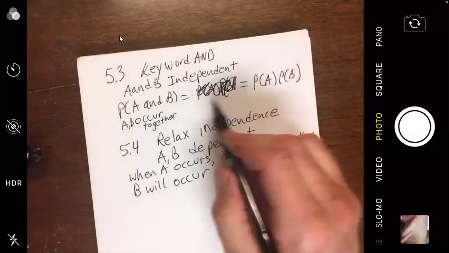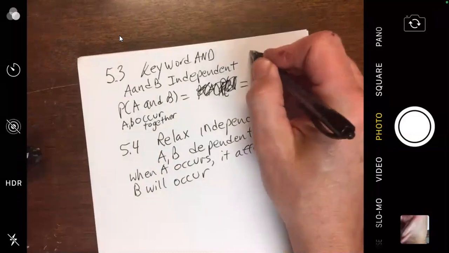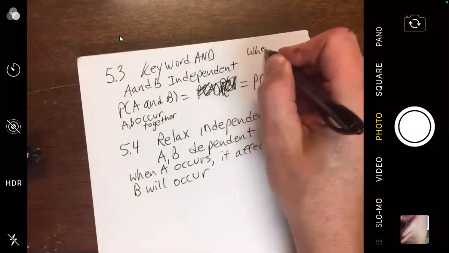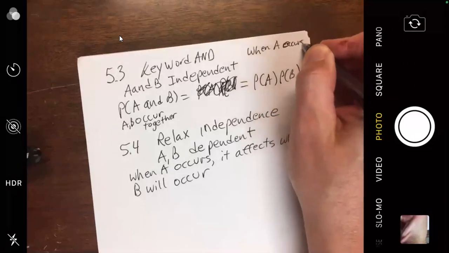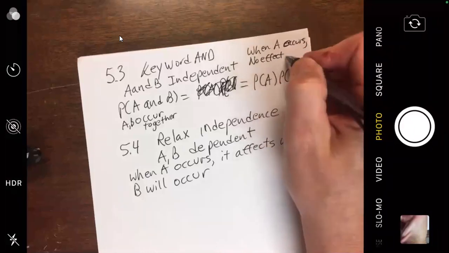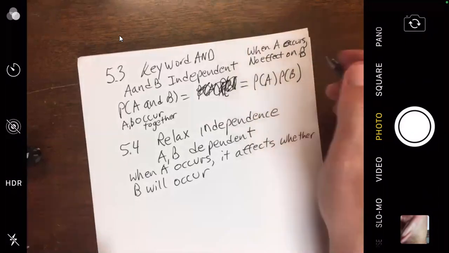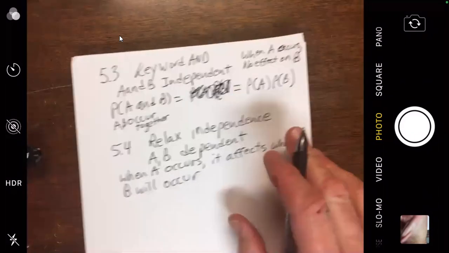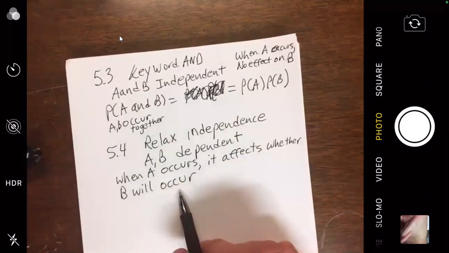Whereas up here, when A occurs, it has no effect on B at all in independence in 5.3. But in 5.4, when the A happens, it will affect whether the B happens.